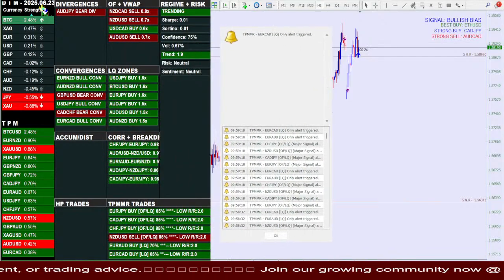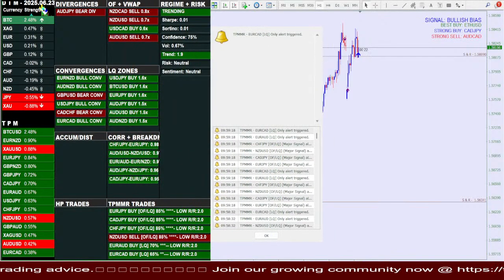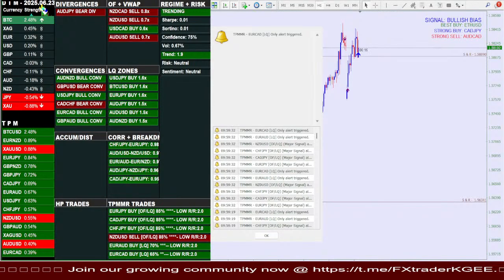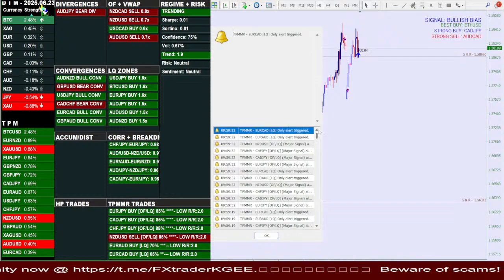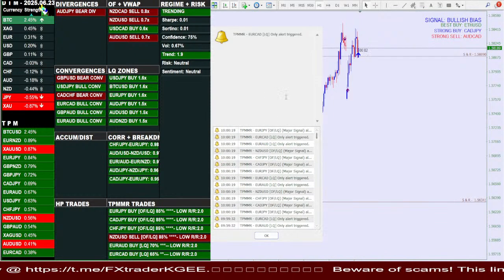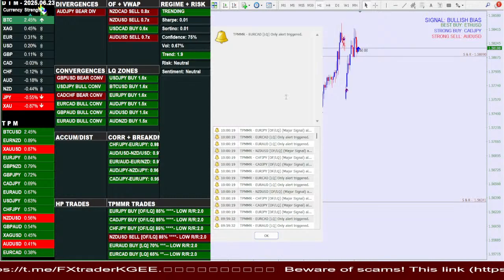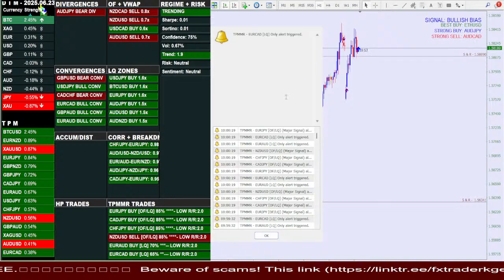I'm just going to push it here. Now you see, you can also see it very well. Now, it just gave us the Euro CAD. It keeps reprinting and keeps reprinting the trade signals.